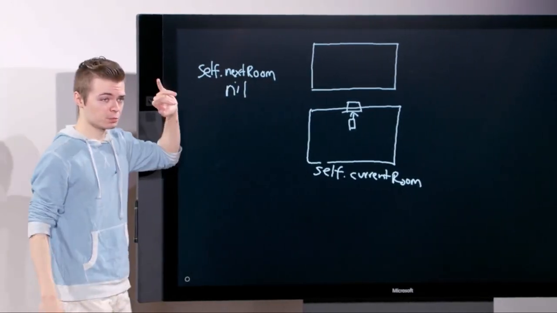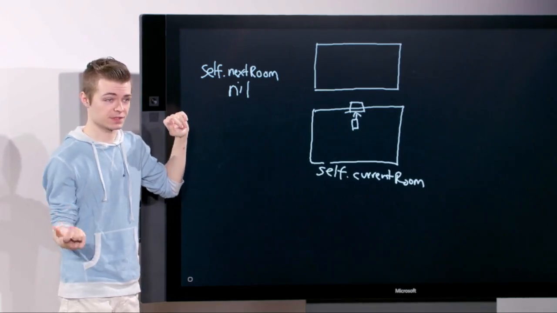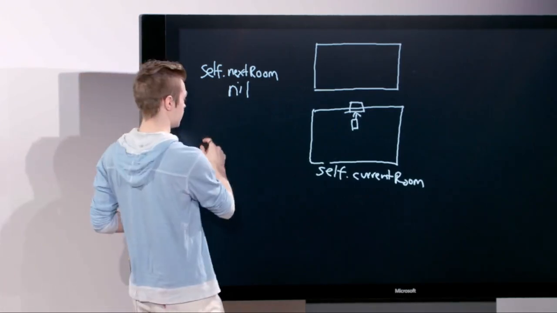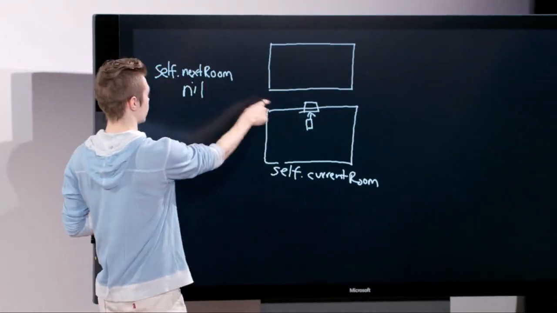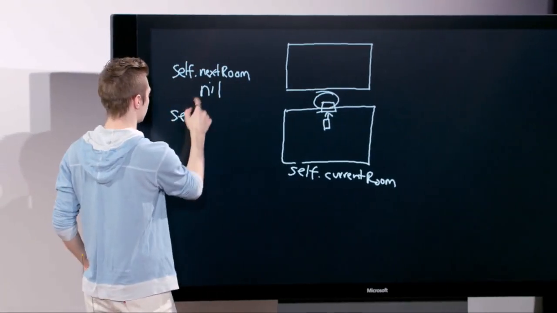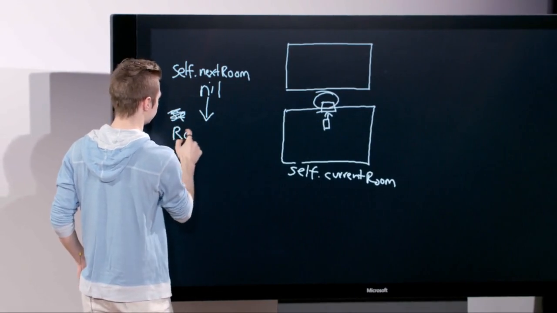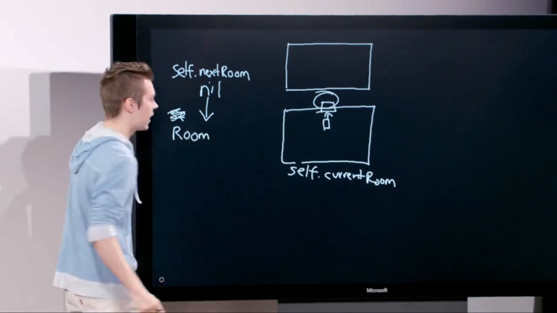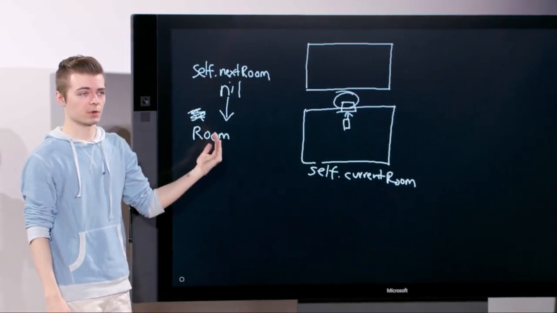But when we transition from the current room to the next room, we should set that to something. So self.currentRoom is going to be the same. But when we trigger this collision, self.nextRoom is going to be equal to just a new room. And then we figure out which doorway we're in, technically which direction we're moving in.